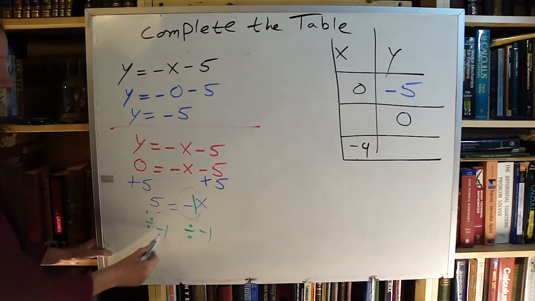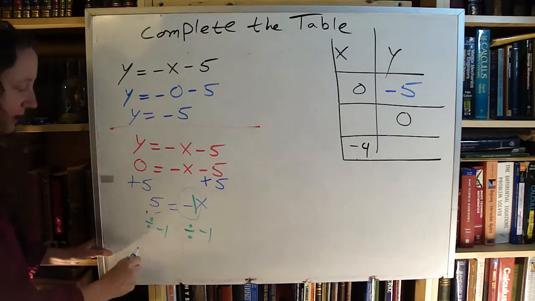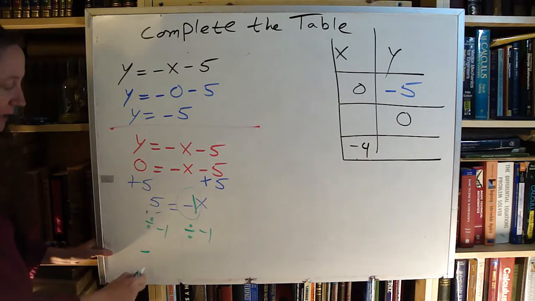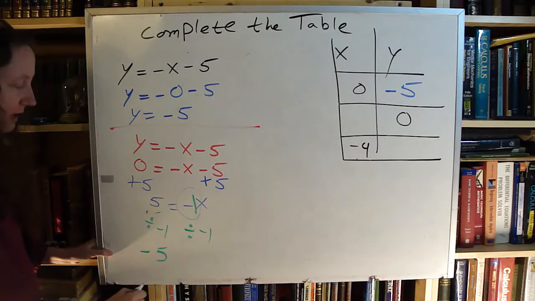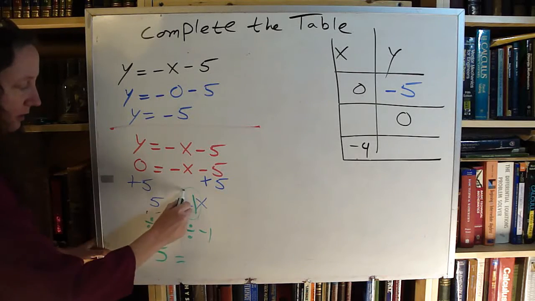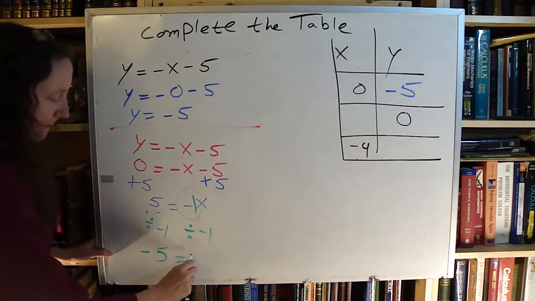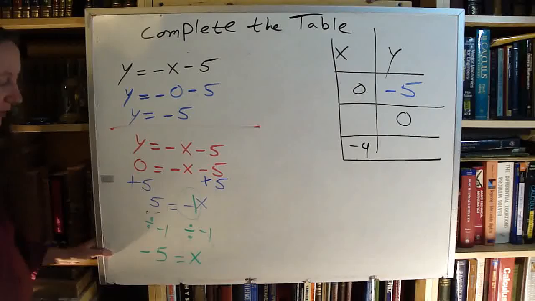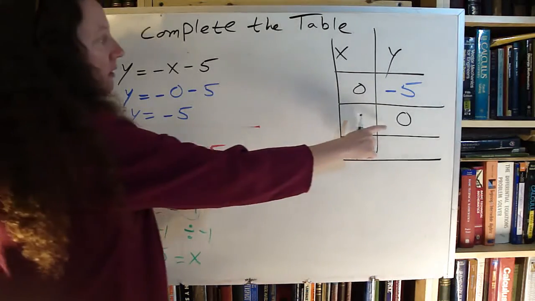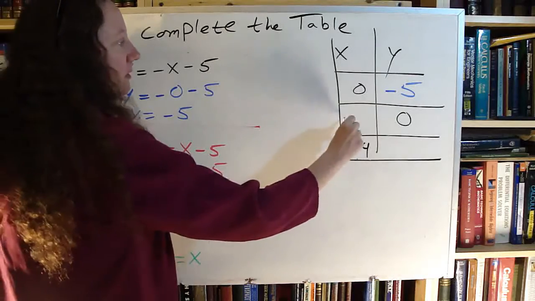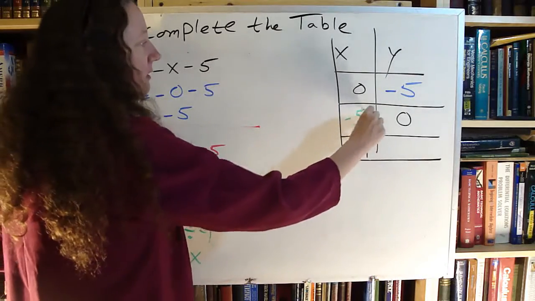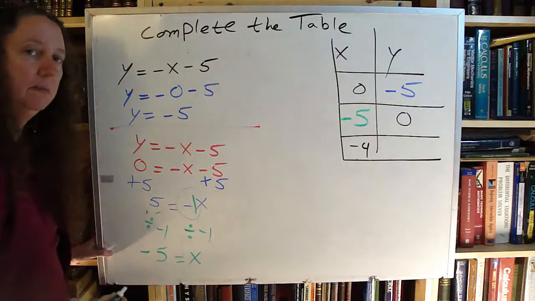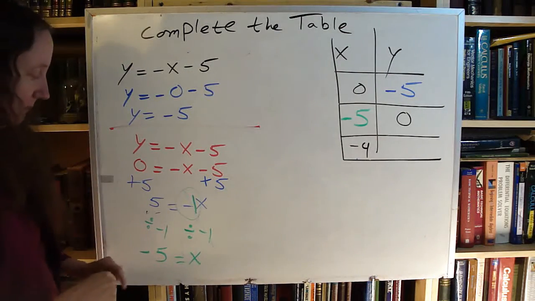So 5 divided by negative 1, positive divided by negative is negative. 5 divided by 1 is 5, equals the negative 1 cancels the negative 1. And I have just x. So now I have negative 5 is x. Go back over to my table, fill it in. Make sure you carry that negative with it.